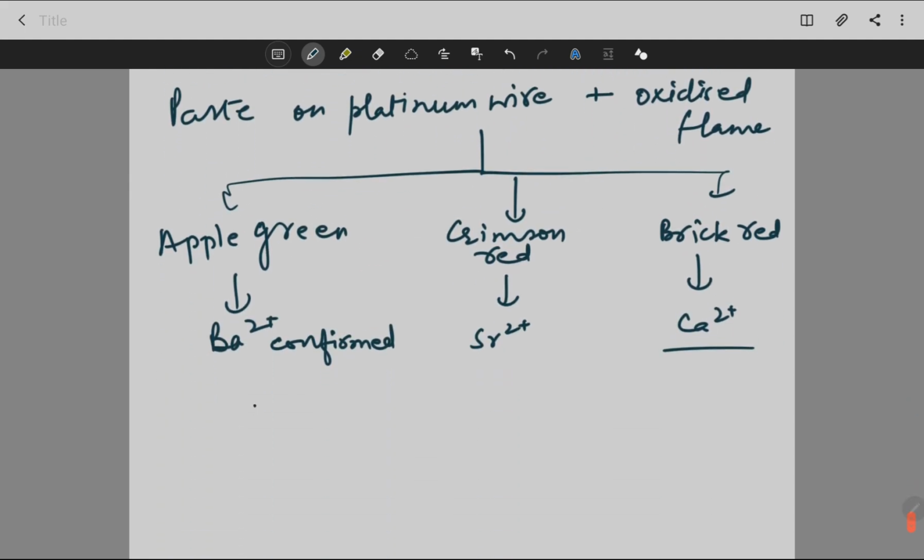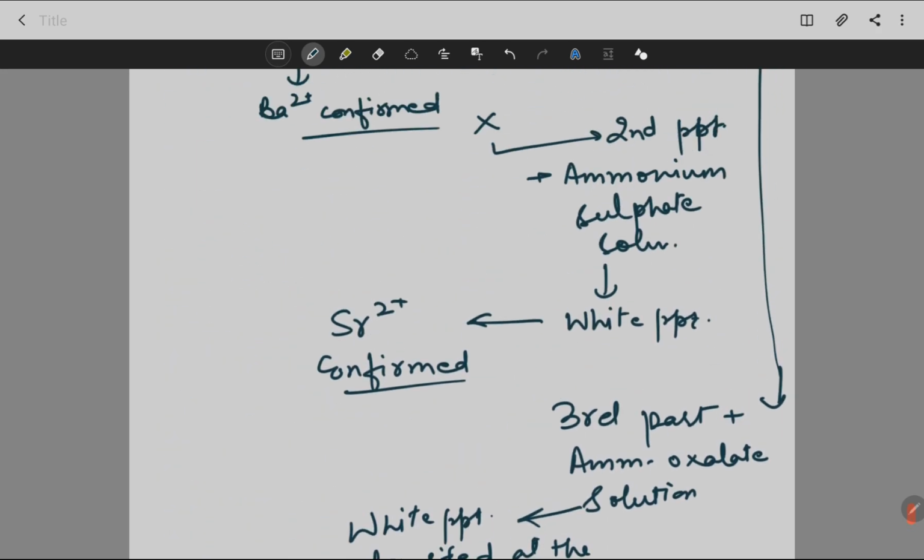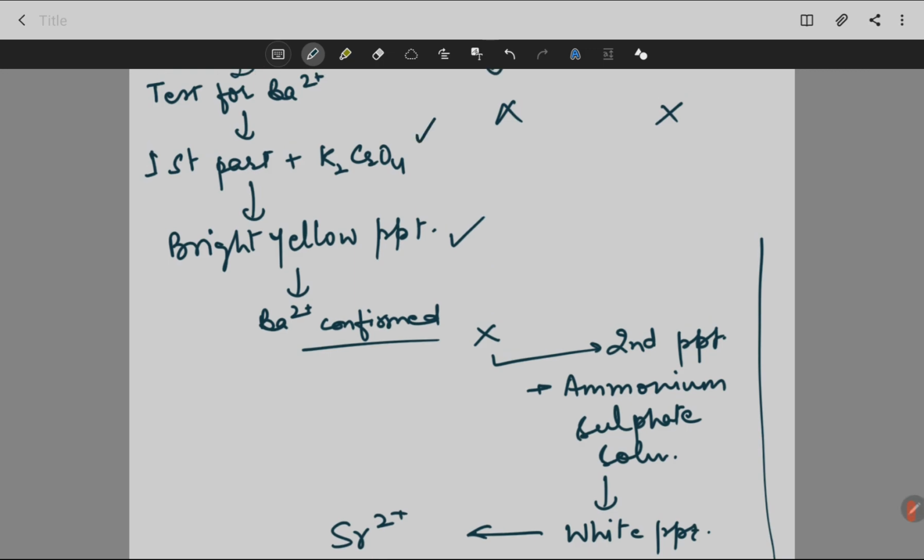Now there is a question, why do we follow this order, BSc? Why do we always perform the test for barium first? What I am saying here is that first we have to test for barium, and only then for strontium and calcium. Why is it so? Say for example we did the ammonium sulfate test first.